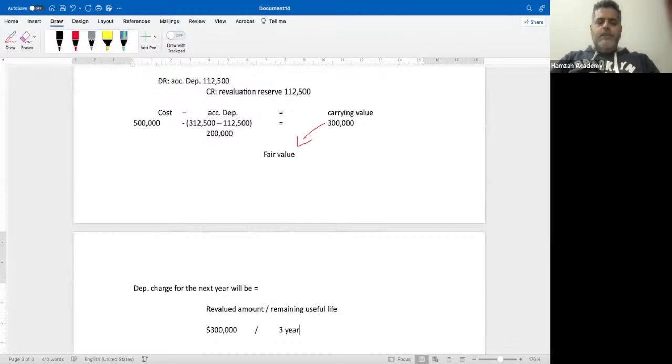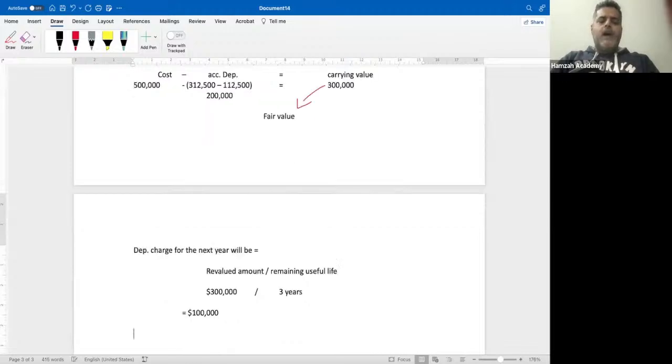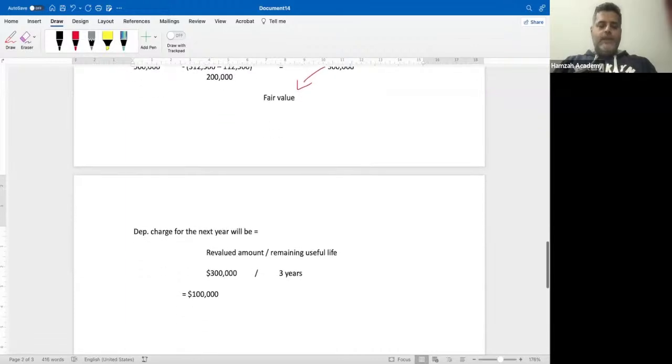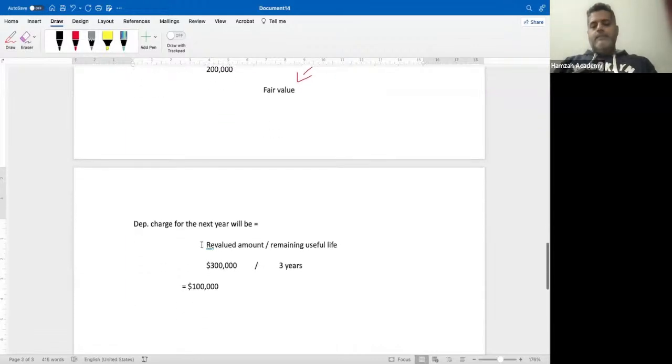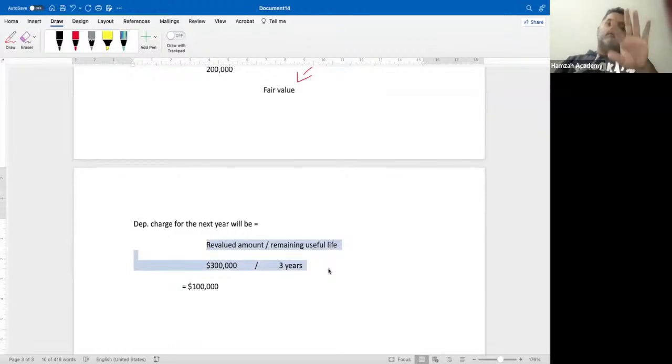So divided by 3 years, you will have 100,000 as the depreciation charged for the remaining years or for the revised year, right? So that's how you are going to have it. Now, this formula is simple. You just have to remember that the revised depreciation charge is going to be from the time when the revaluation has taken place, and then you accounted for, right?